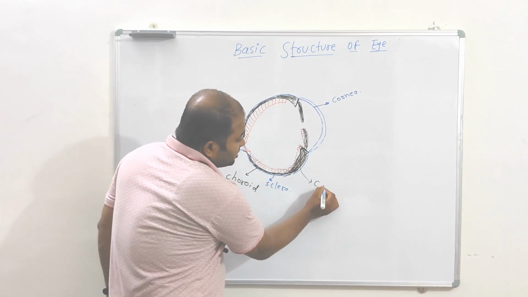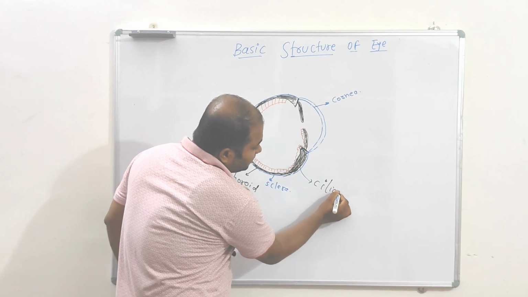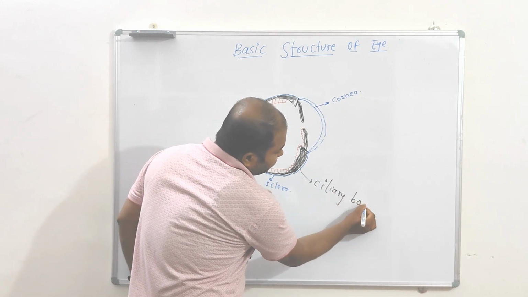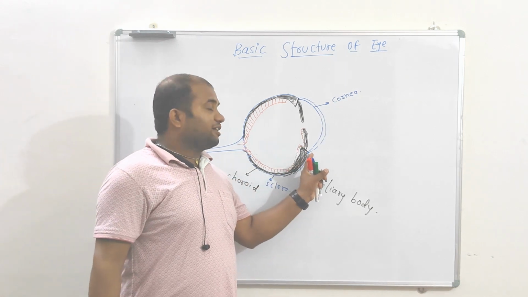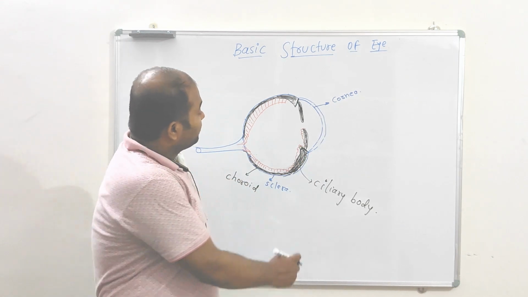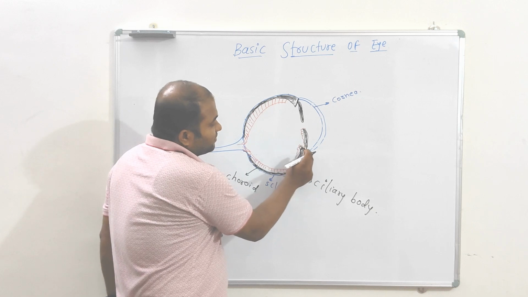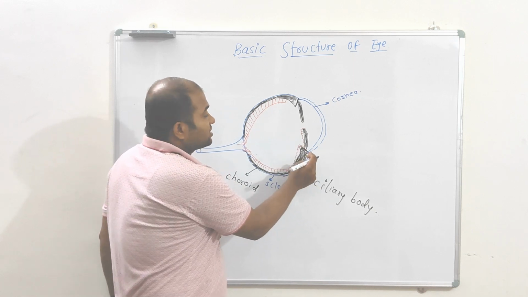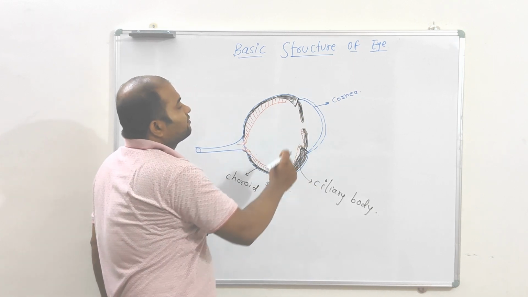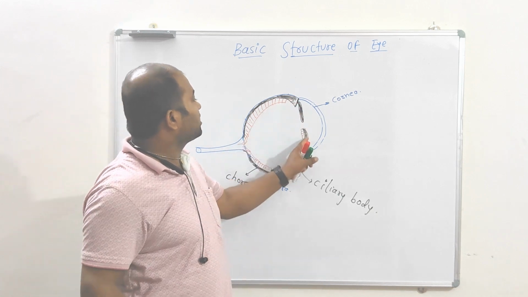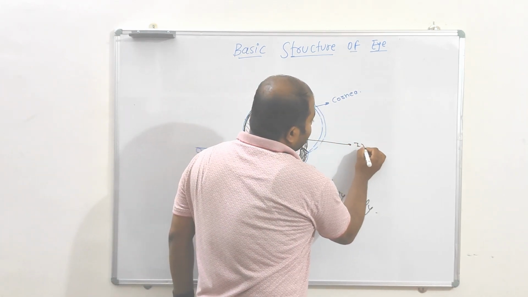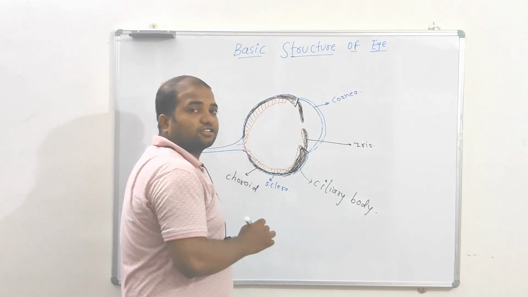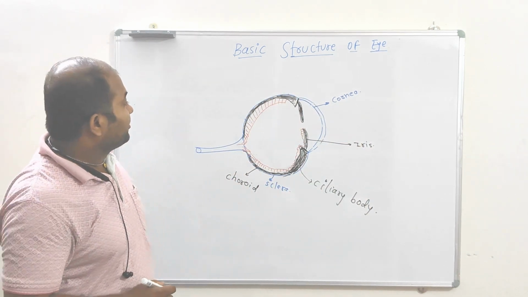At the anterior part of the ciliary body, in the middle of it, it gives attachment for one more structure, and this structure is called iris.